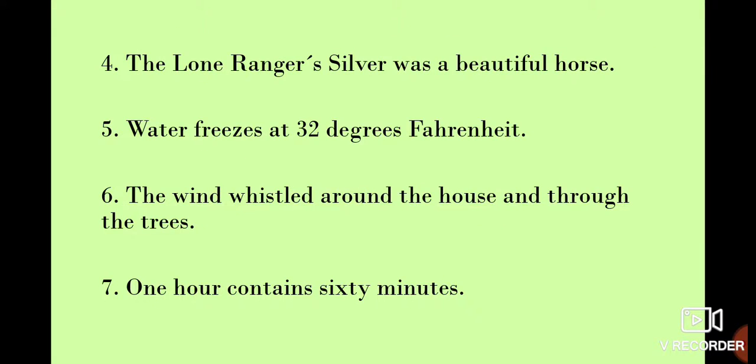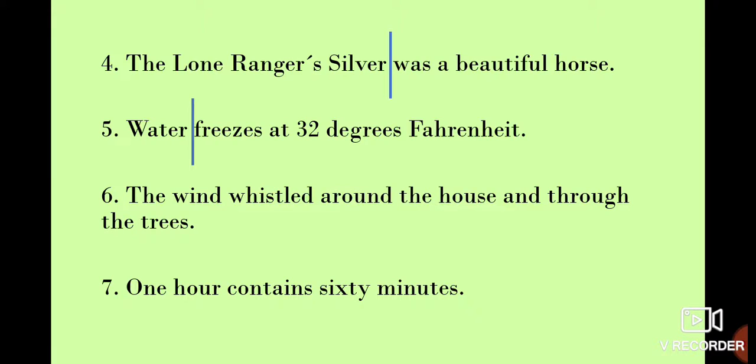Okay, number 4, the Lone Ranger's Silver was a beautiful horse. In this case, the subject is the Lone Ranger's Silver was a beautiful horse. Number 5, water freezes at 32 degrees Fahrenheit. In this case, water is the subject and freezes at 32 degrees Fahrenheit is the predicate.